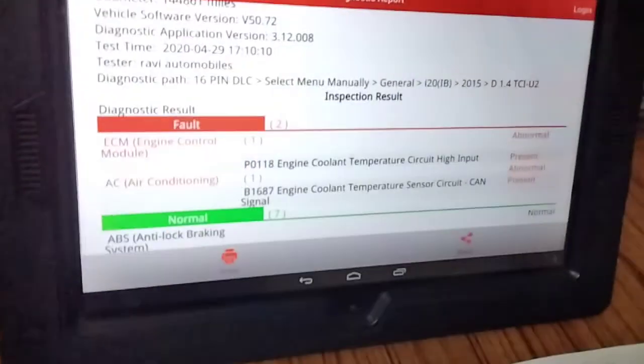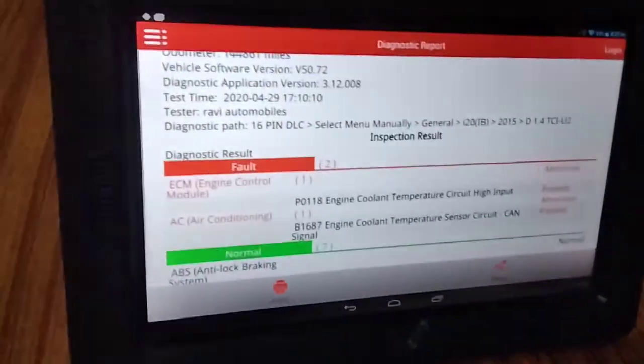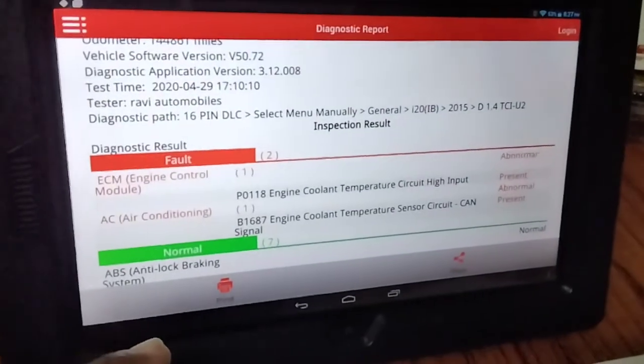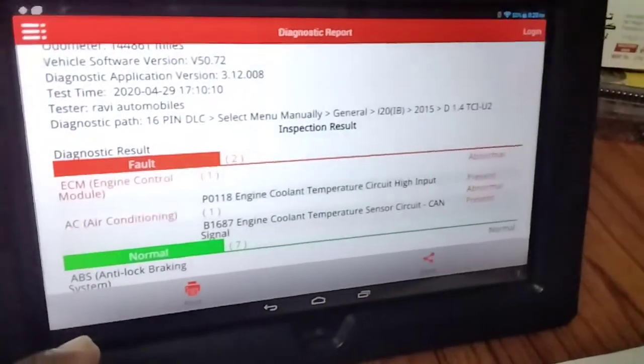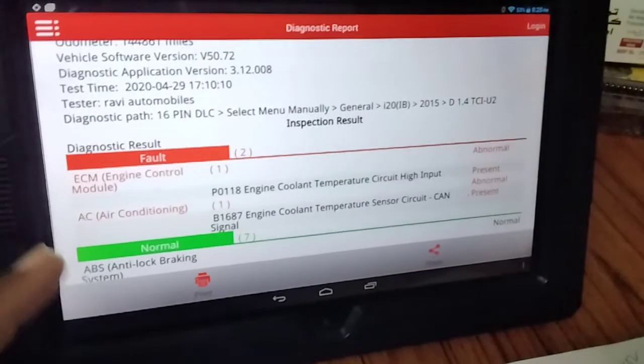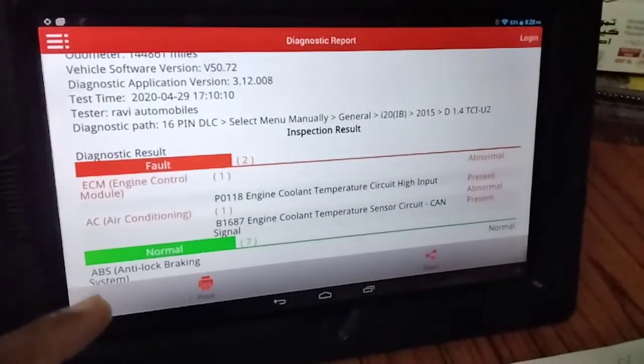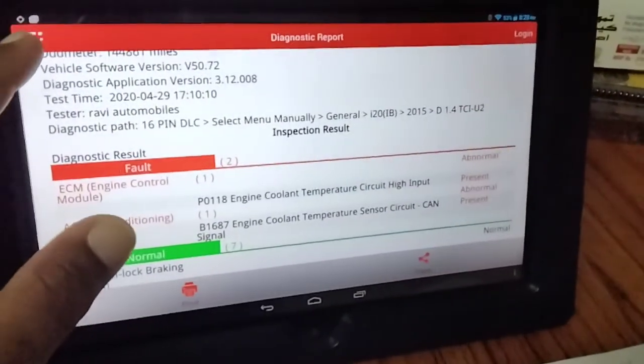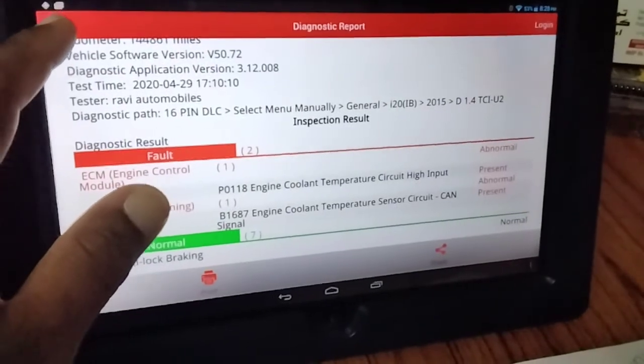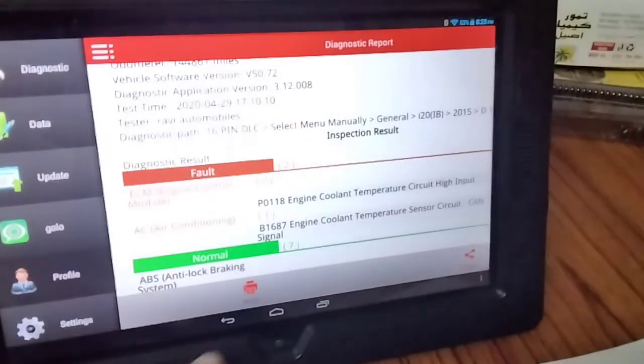I just forgot to add, after everything has been rectified, we took the readings again. We used the scanner to check for the codes again. And then let me go back and show you what we had earlier.